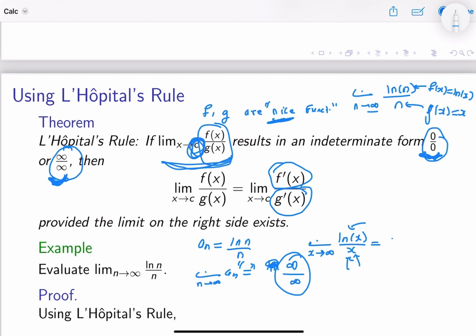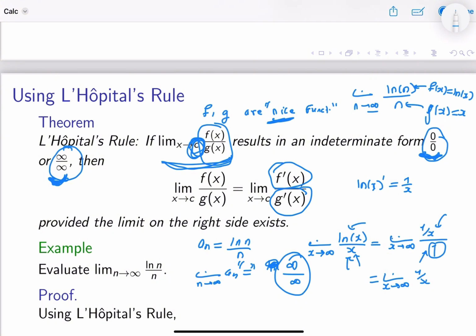The derivative of x goes here, which is 1, and the derivative of log goes in the numerator. I remind you, the derivative of log is 1 over x. So this is the limit of 1 over x as x tends to infinity. We're just dividing by 1 here, not a big deal.